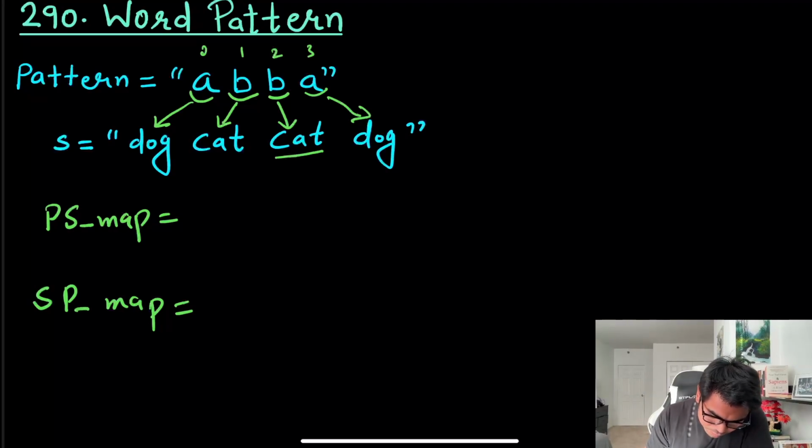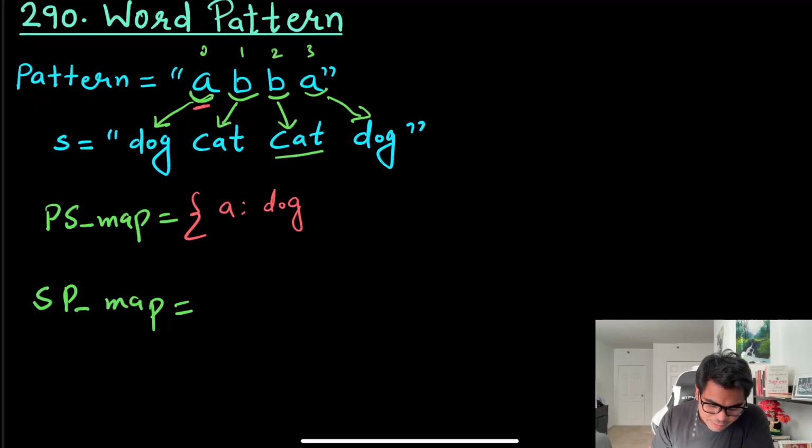Then let's say I'm at A right now, so I will be traversing over the pattern. I come across A. Is A in my PS map? Well, it is not. So I will put A and map it to dog, because this is the first time I'm seeing this key.